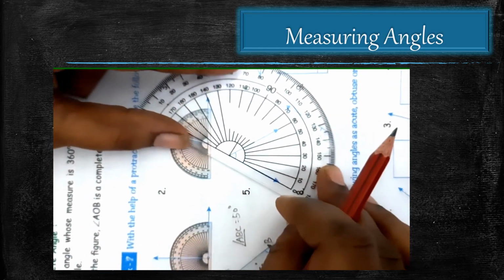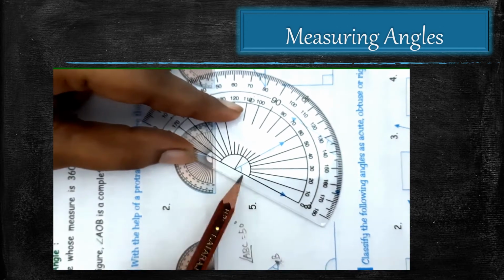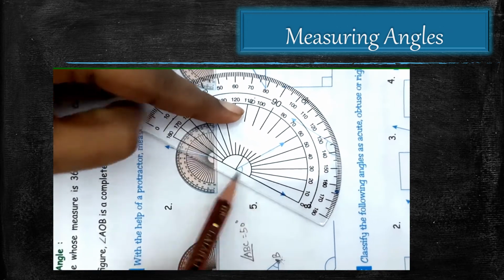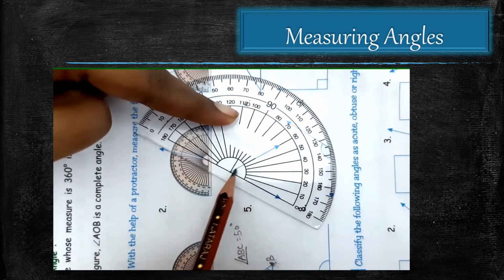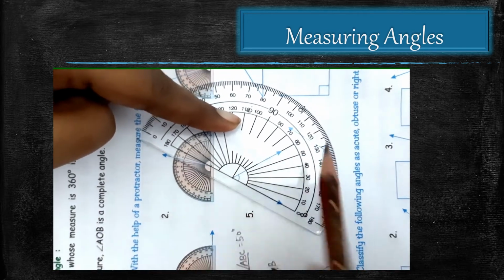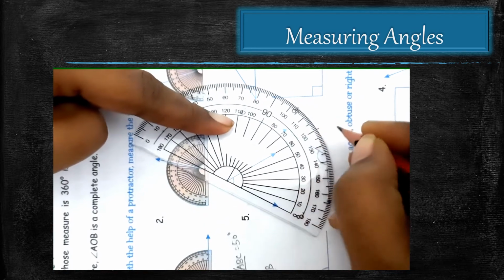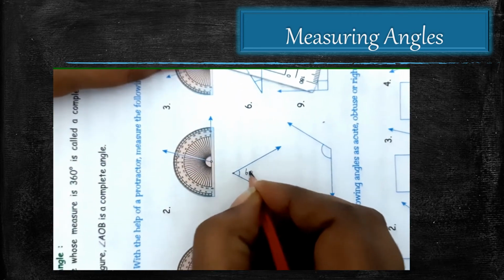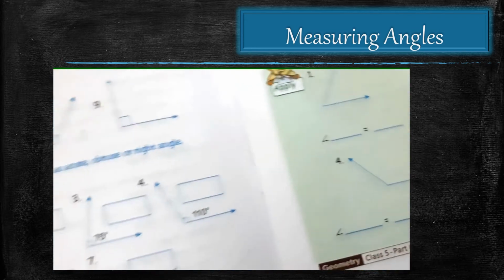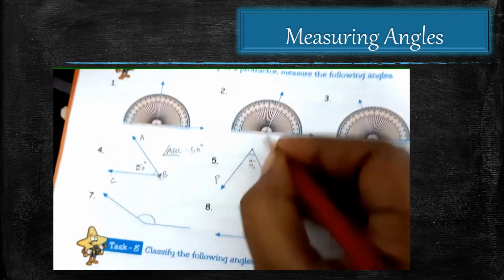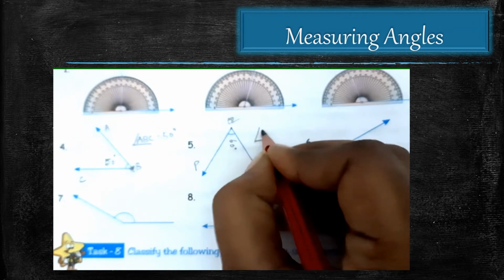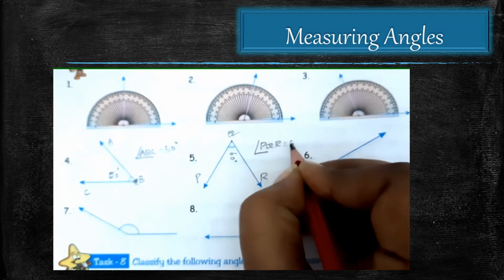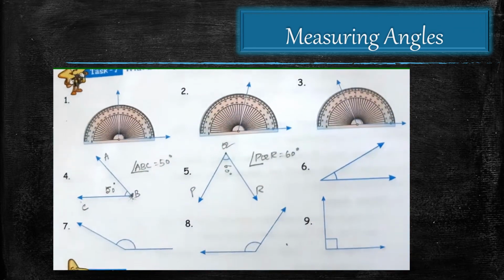Keep the vertex like this and the arm should be on the baseline. Now the arm is on the right hand side. So here is the 0 degree. Check where the other arm lies. It lies exactly on 60 degrees. So the angle here is 60 degrees. Let us name this angle PQR. So angle PQR is equal to 60 degrees. Understood how to measure an angle?